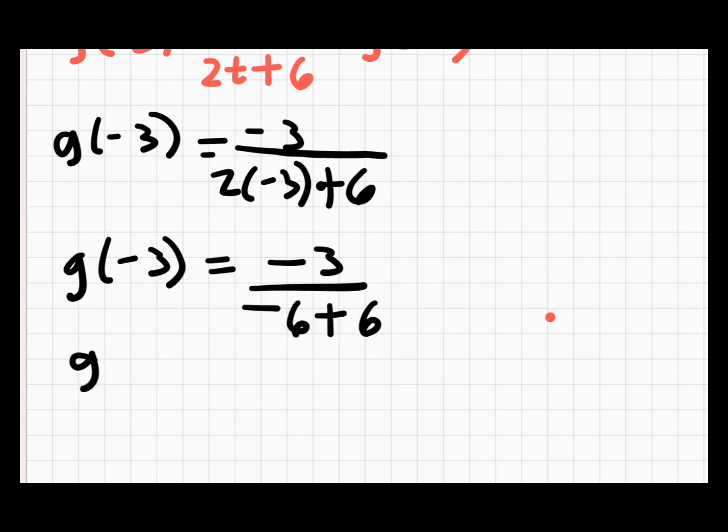Negative 6 plus 6 is 0. Since the denominator is 0, g of negative 3 does not exist.